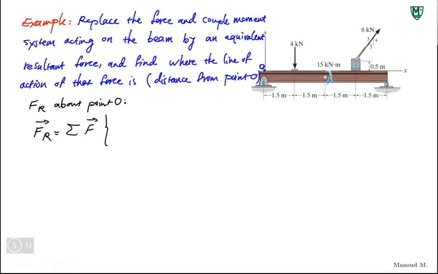This is a two-dimensional problem, so FRX and FRY. Technically, they are not vectors, just two numbers. FRX would be summation of forces in X direction. FRY would be summation of forces in Y direction.